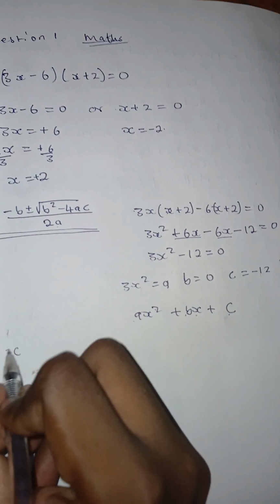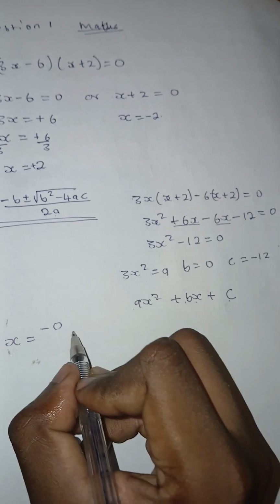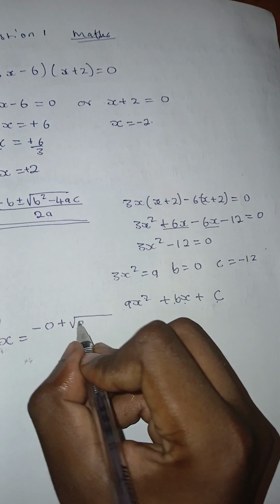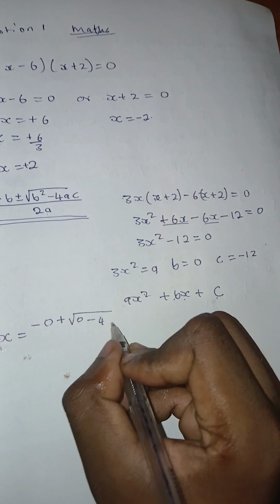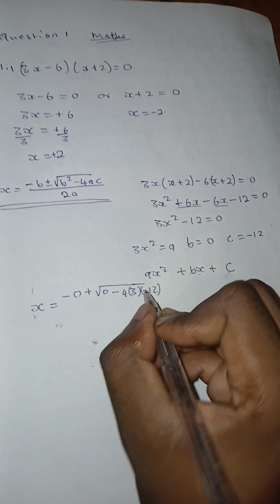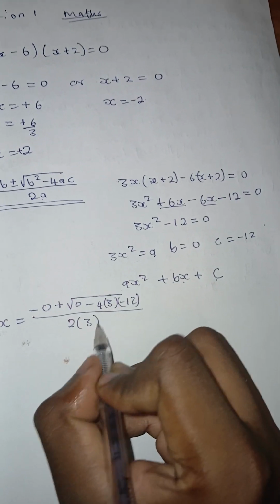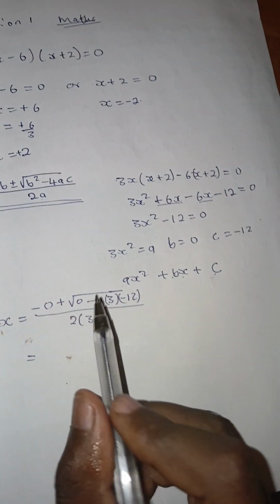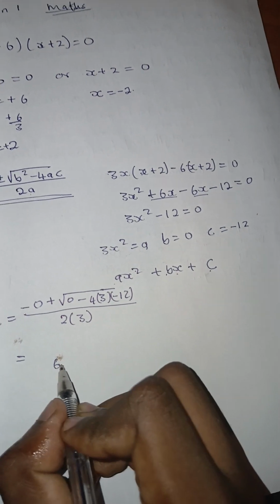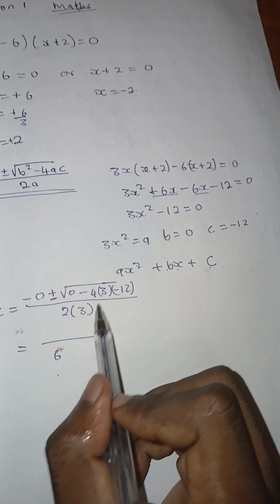Then x is equal to negative b, which is negative 0, plus or minus the square root of b squared, which is 0, minus 4 times a, which is 3, times c, which is negative 12, all divided by 2 times a, and 2 times 3 is 6.